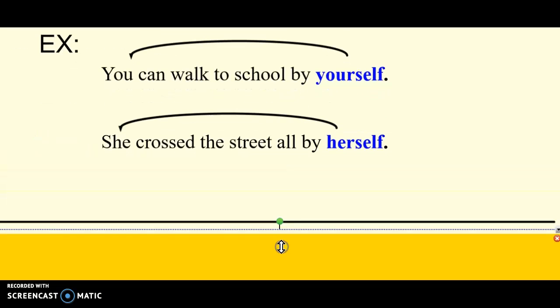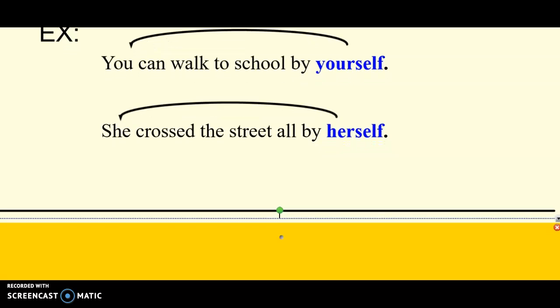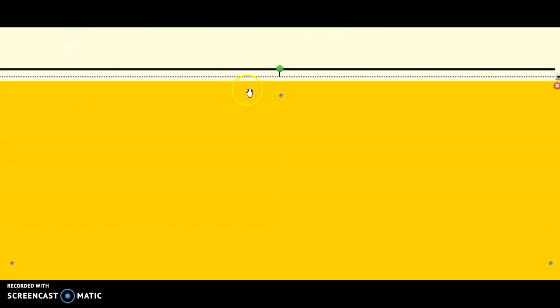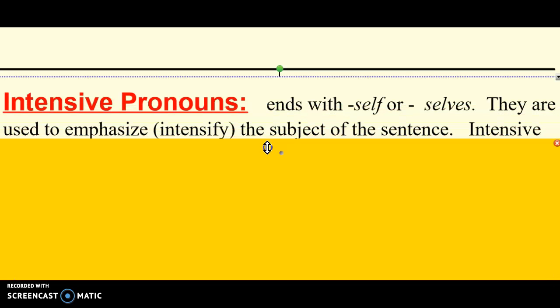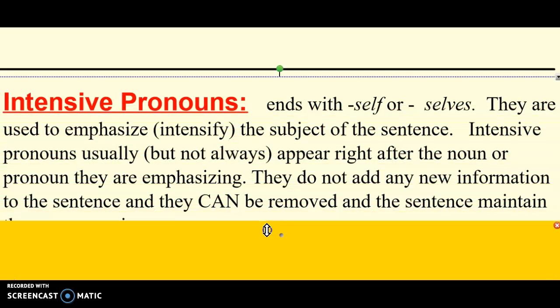That is all we have for the above in the fold. You guys should have lots of space today because this is your biggest section inside your flip book. So don't hesitate, you can write a little larger today than you normally would. Now, intensive pronouns, we're going to start below the fold here. There's a lot here to be said, okay?